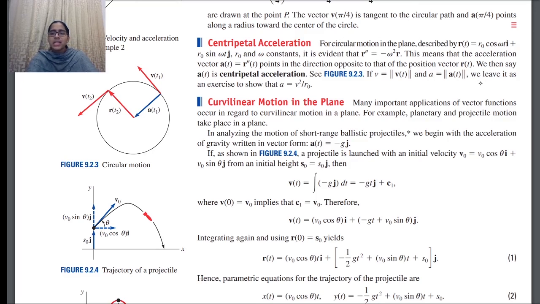So that means the acceleration, r double dash, of that particular vector points in the direction opposite to that of the position vector. You can see this clearly in figure 9.2.3. That is, if r of t is the position vector, then the acceleration vector points opposite to the direction of this particular vector.